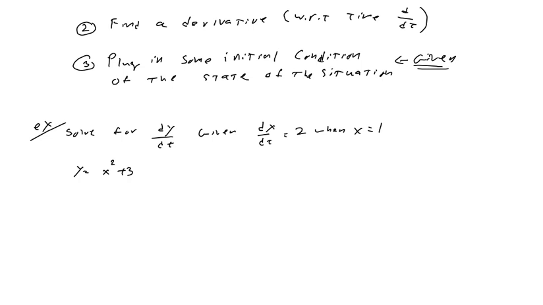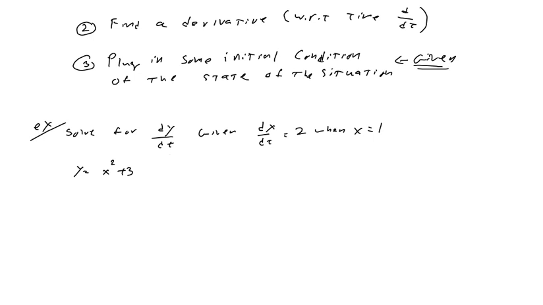Given this information, we want to know what is dy/dt. When we're given that, we want to know the change of y with respect to time. Given that x is changing 2 amount per second, or 2 whatever per something, at the moment when x is equal to 1.